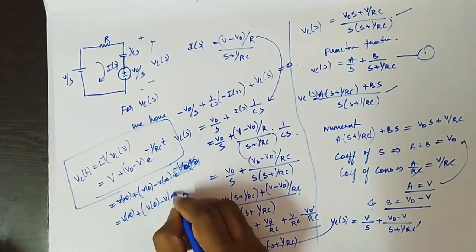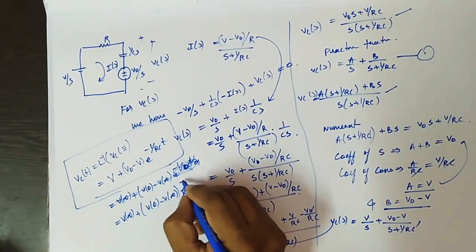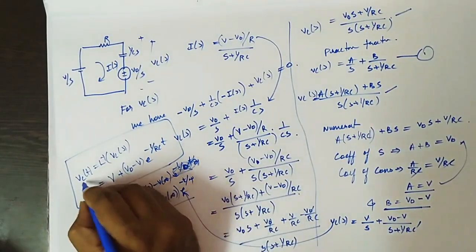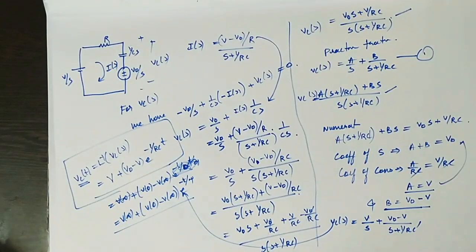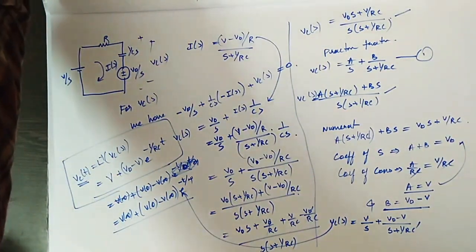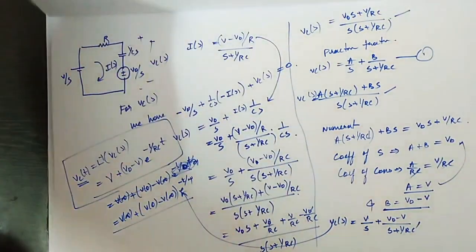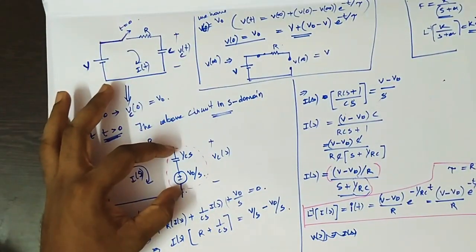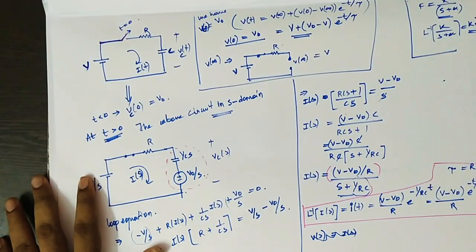So not only in the time domain, in the Laplace domain also you can find the expression Vc of t. This is just a small explanation of how you can transform from the time domain. We just transformed this to this form and did the entire thing in the Laplace domain.